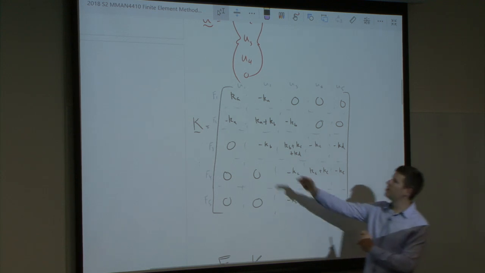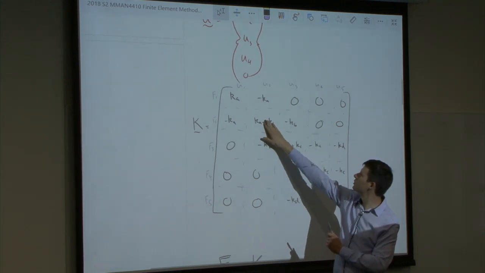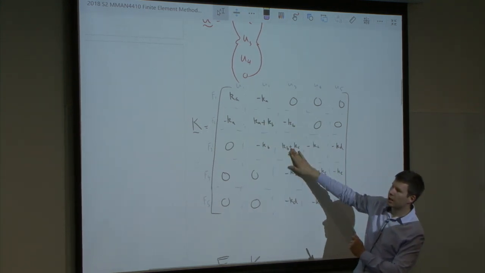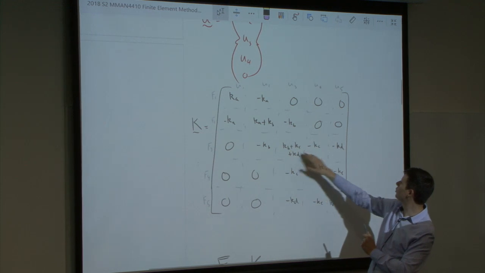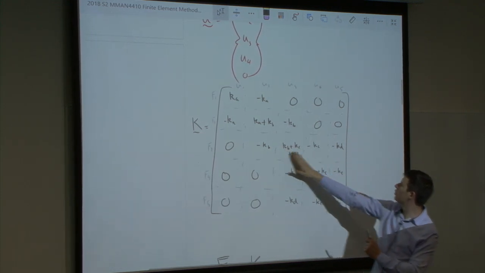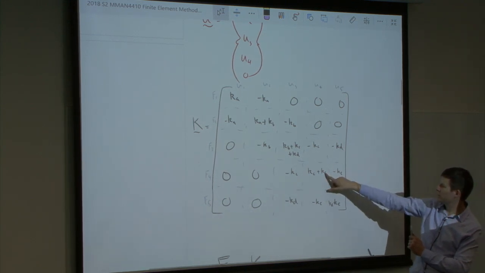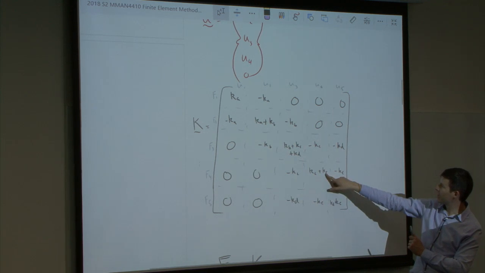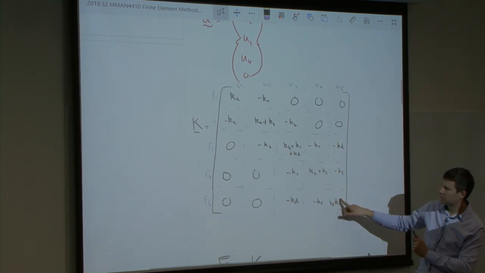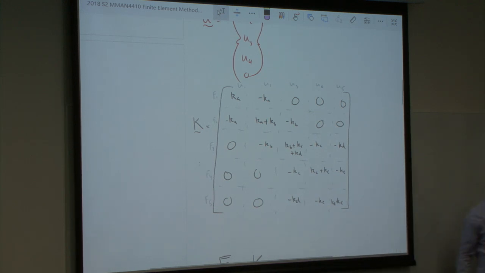So Ka joins u1 and u2, Kb joins u2 and u3, Kc joins u3 and u4, Kd joins u3 and u5, and these are E's, not C's. Right? E joins 4 and 5. Okay, so that's an assemblage of a global stiffness matrix.